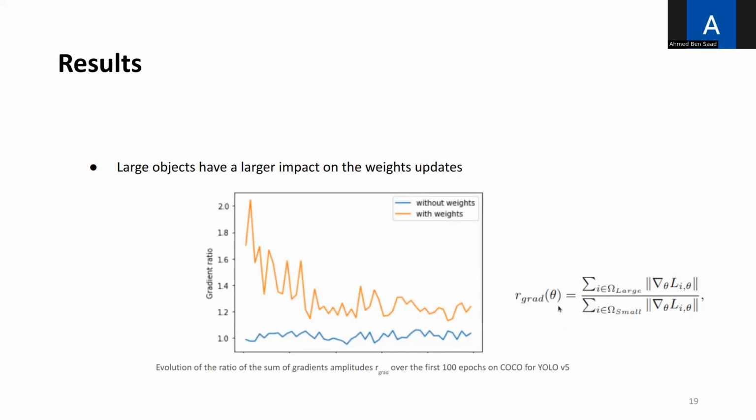This is a good, yet a little bit vague, approximation of the impact on the weight updates, and we can see that the introduction of our weighting function gives a larger impact for the large objects on the weight change.